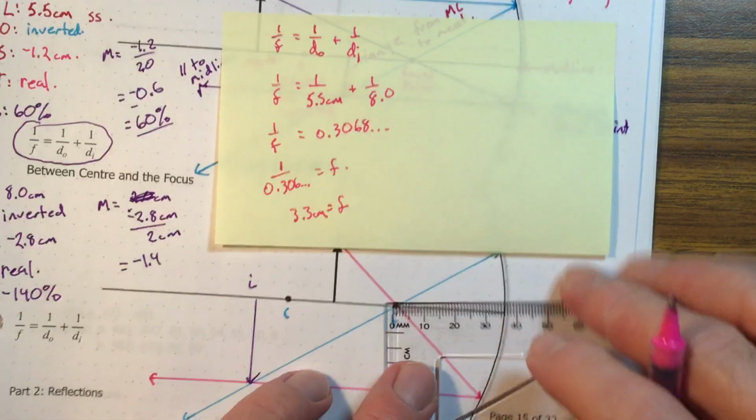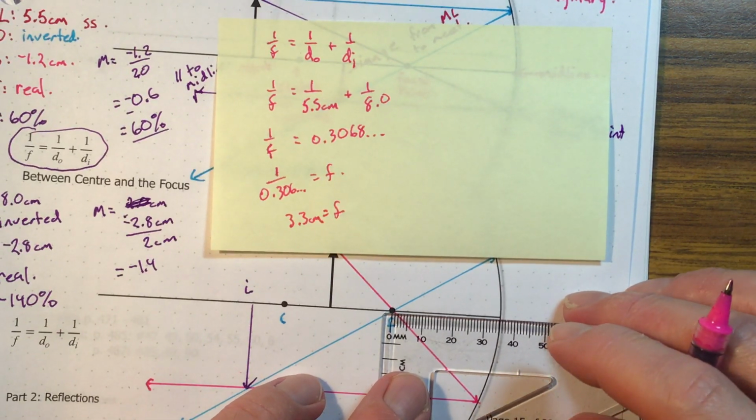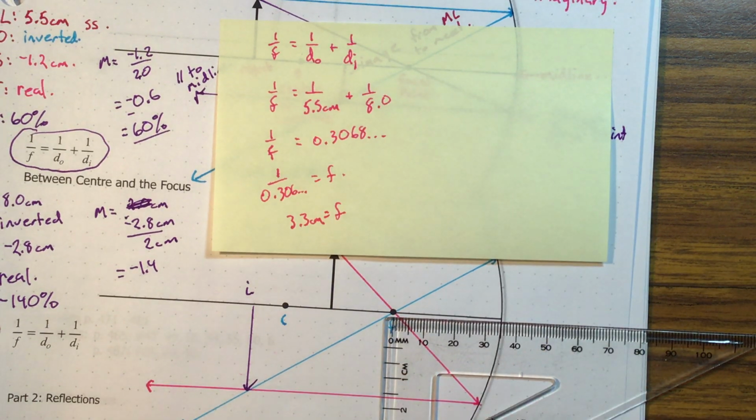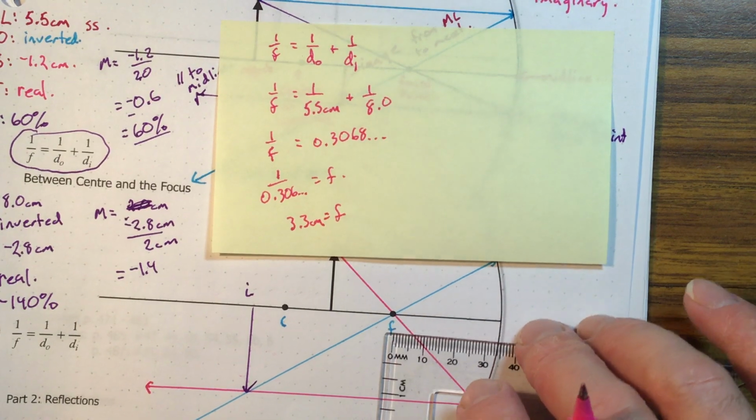Let's see how far away our focus is. Our focus is 3.5 centimeters away. We're pretty close again. That means our diagram is pretty accurate.